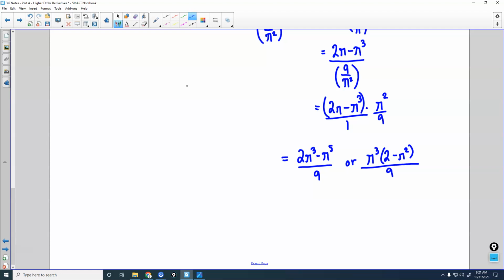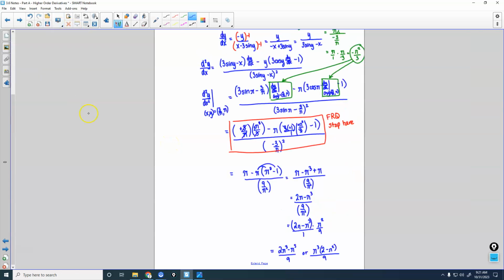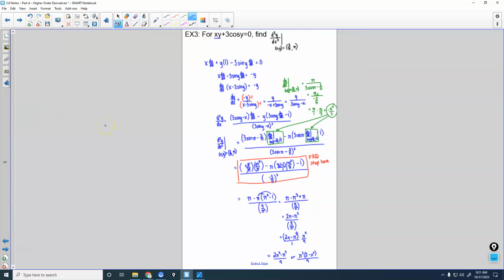So, you know, it's not easy, but you may have to, oh gosh, let's do an entire page. Look at that. Wow. That's a lot of work. Yeah.